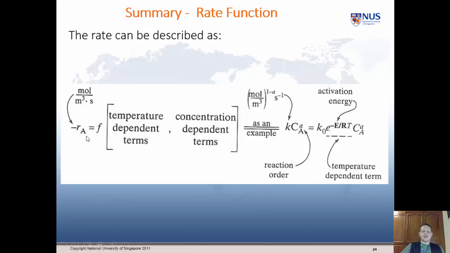The rate is equal to some function of temperature dependent terms and concentration dependent terms, and as an example we might use something like this. So this is clearly some sort of Arrhenius term, and you've got concentrations raised to reaction orders and the like.